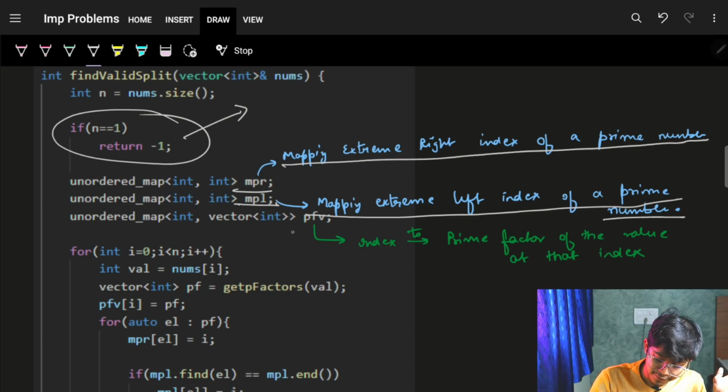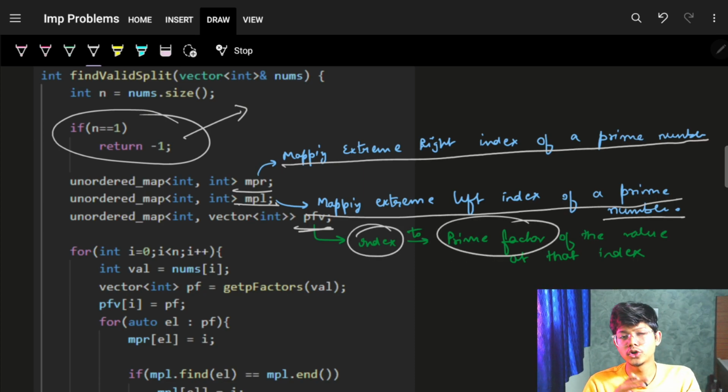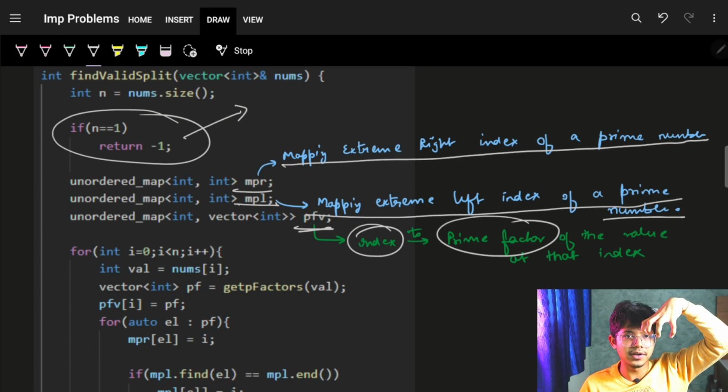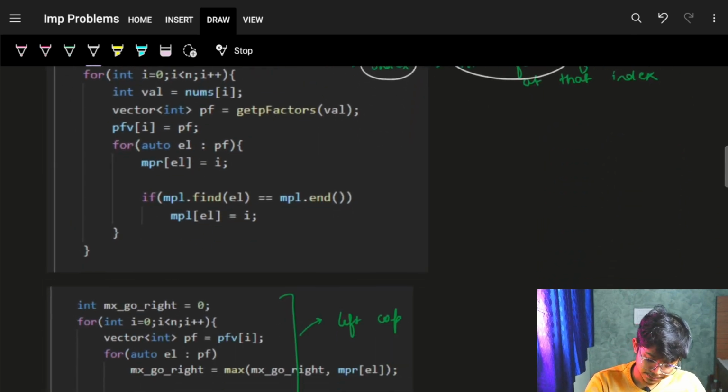It's just that. And the other map of integer to vector is nothing but my index to the prime factors, because I don't want to find prime factors again and again. So I just say for this particular index, all these prime factors are here.